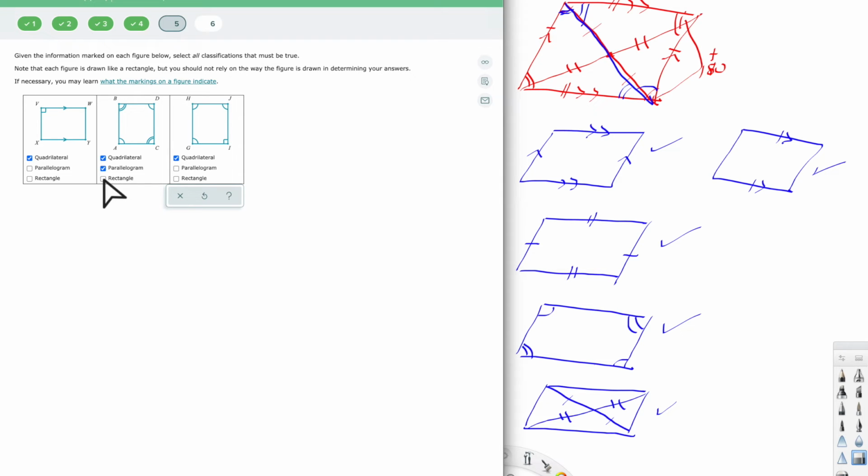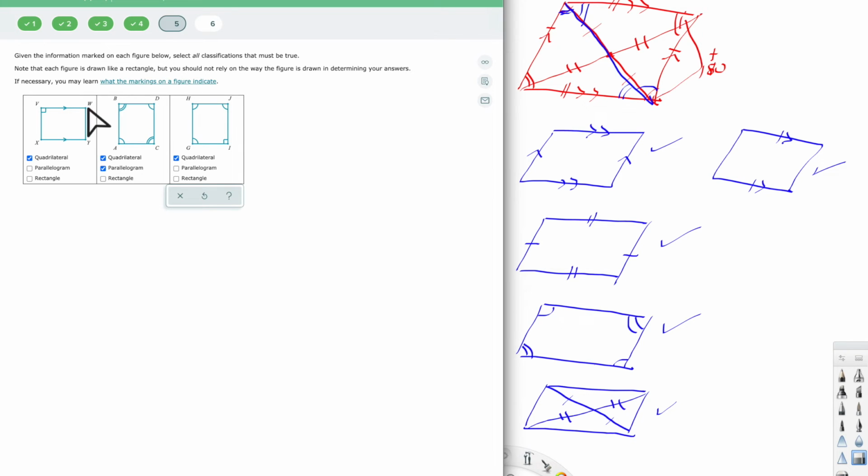On this one, I have a pair of parallel lines and one right angle. Well, if this parallel line is perpendicular to the transversal, the other one is also perpendicular to the transversal. And then let's see, we don't necessarily know anything about this side.